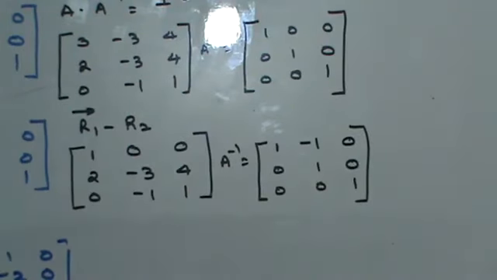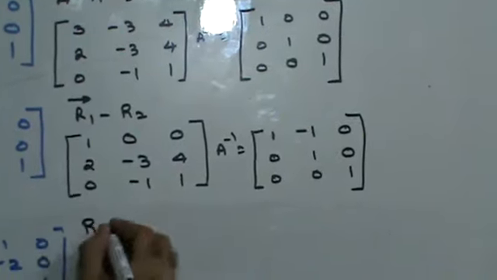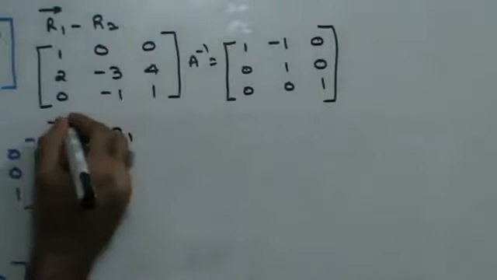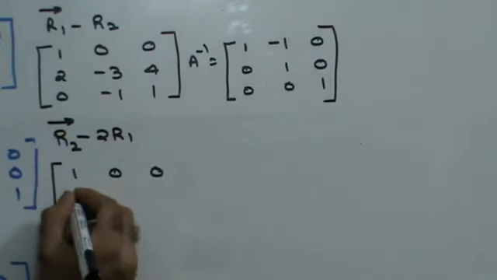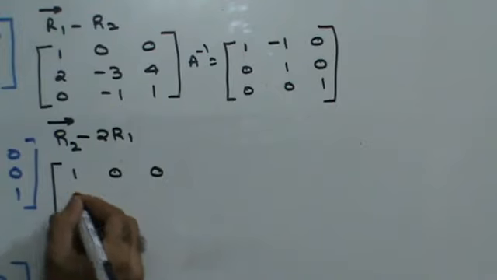Right? I want to make the number in the second position as 0. Where is the number in R2? What is the number? 2. What is the complement of 2? Minus 2. So 1, 0, 0. 2 minus 2, 0.